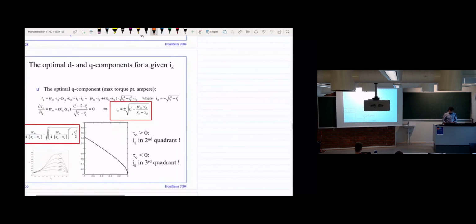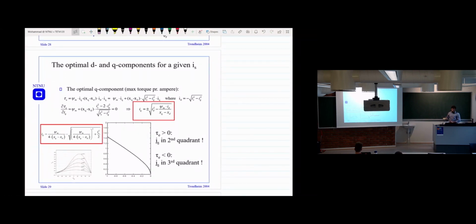So our target is to calculate the d-axis and the q-axis current reference for the controller. You will see that we have the same torque equation. In this torque equation, if we replace the ID by this, and also apply the derivative to find the maximum torque, deriving the torque with respect to the q-axis current, that gives us the q-axis current equation like this.